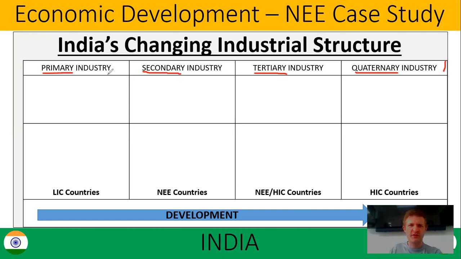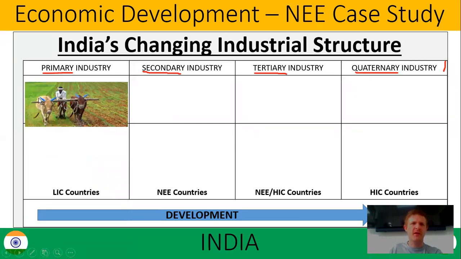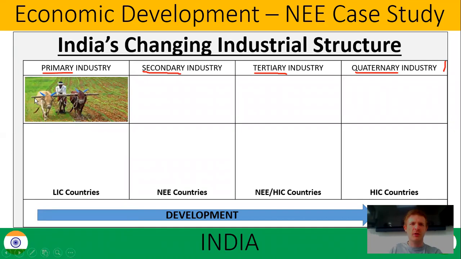So if we start off at the beginning, we can first of all see here that the primary industry is jobs getting raw materials. So this is jobs like farming, mining, etc. Getting the raw materials out of the ground. What you then do is move along in a conveyor belt. So once you've got those raw materials, you move on to the secondary industry.